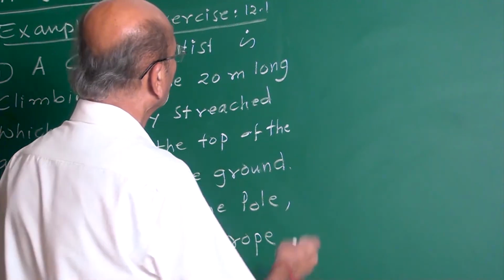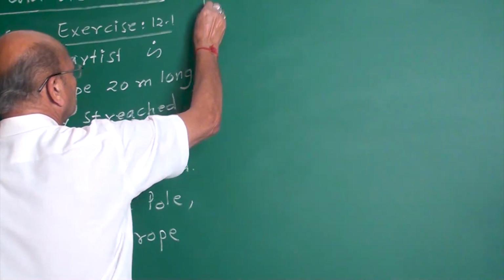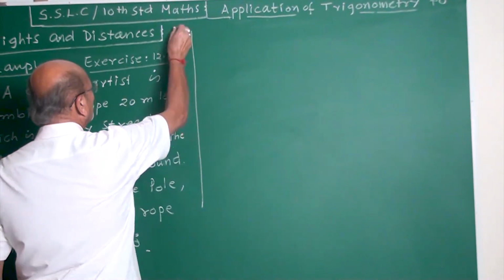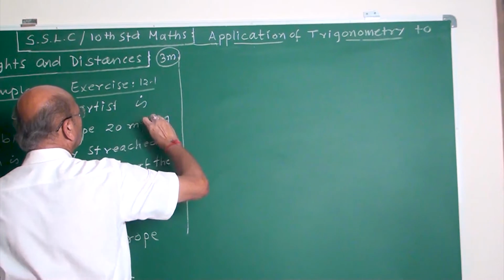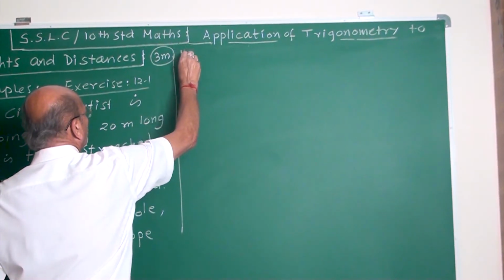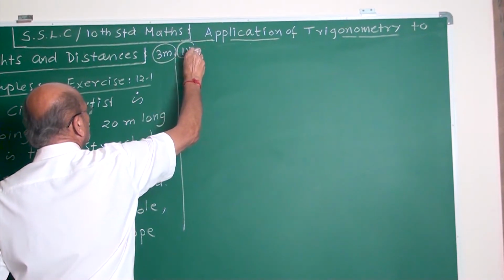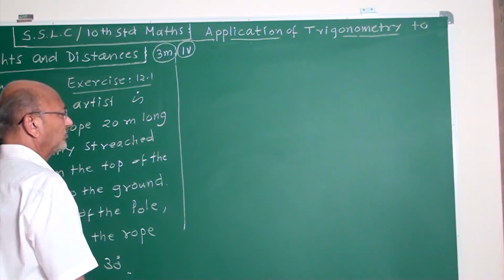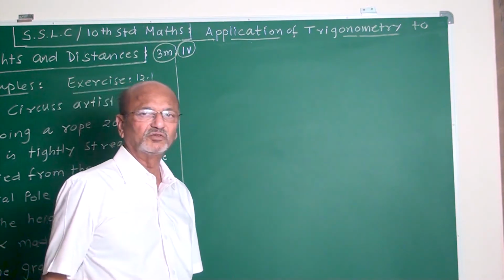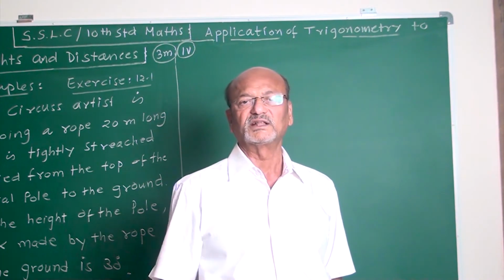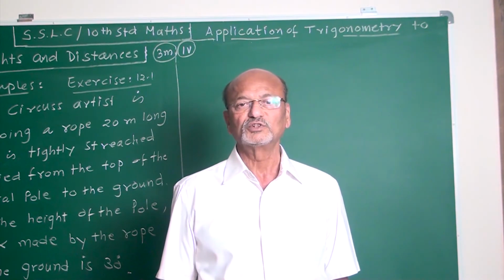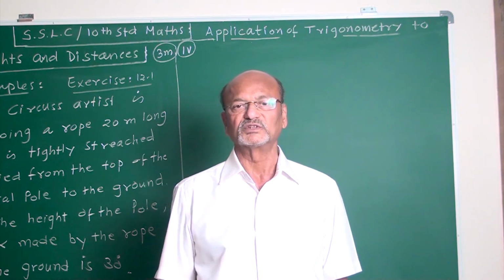Yes, my friends, this is the question. These examples come under 3-mark questions. That is part 4 in the question paper. Normally this is example number 27. Part 1 is objective type questions with 4 options.